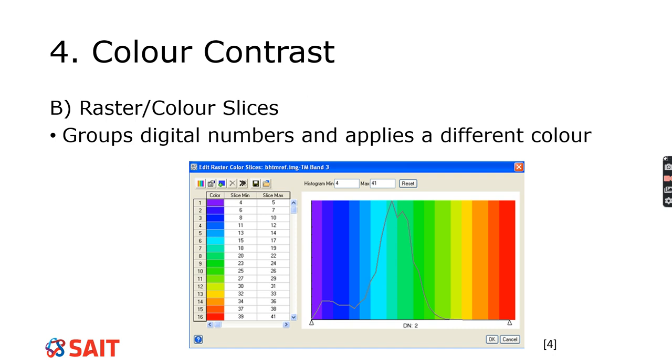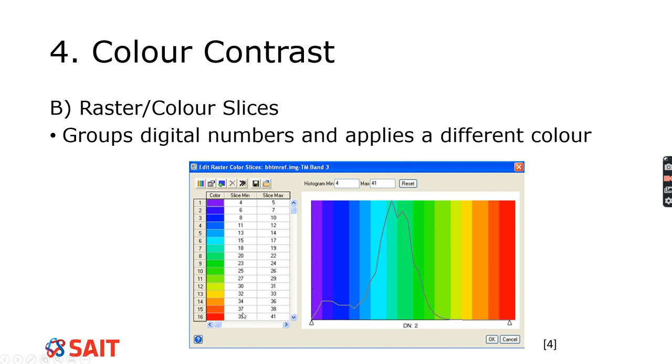The other one is a raster or color slice. It sometimes goes by raster slicing. The color contrast for this is, again, on a single image, a single layer, and it groups all of the digital numbers into different classes and then applies a different color.